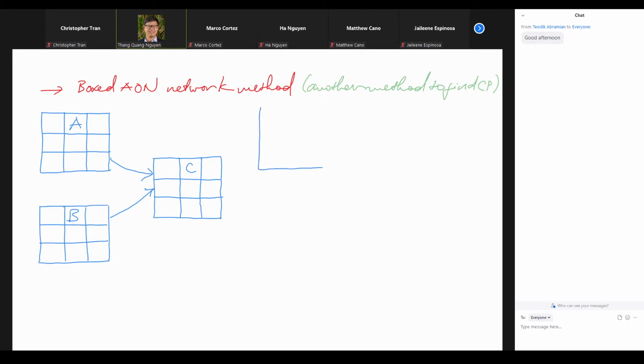That is D, so I draw the D here. And to sign the contract with the entertainment company, you will need to know the date. That's why we have an arrow from A to D, right?